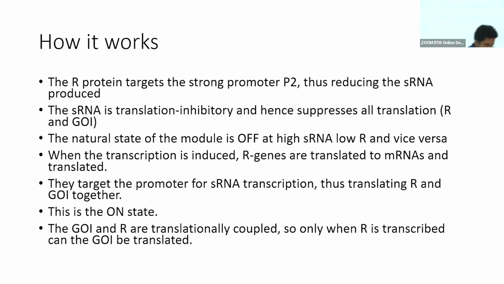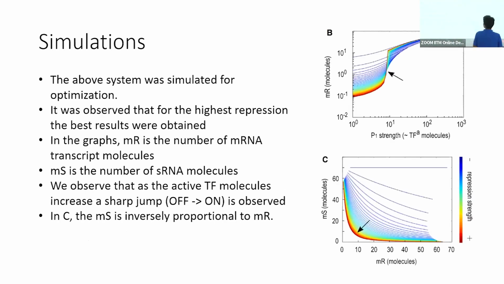Okay. Moving on. So, computer simulations were run for this model, and it was seen that at the strongest levels of repression, which is shown by the red lines over here and here, the digital behavior is observed sharply when the repression is at its highest.